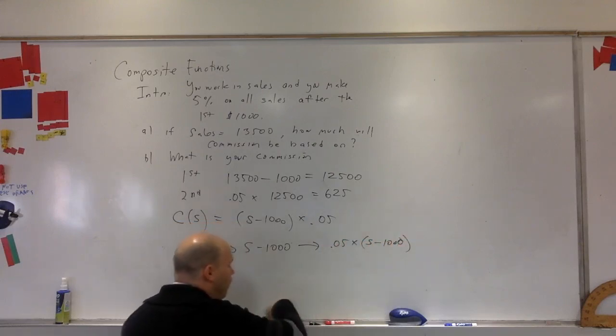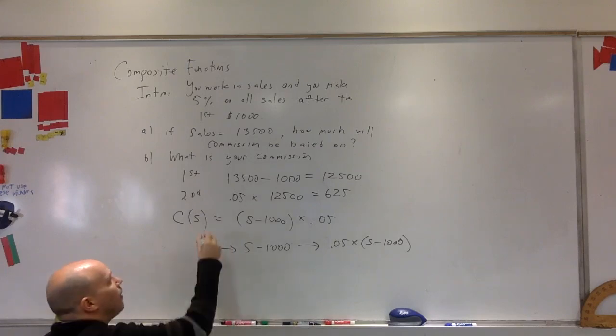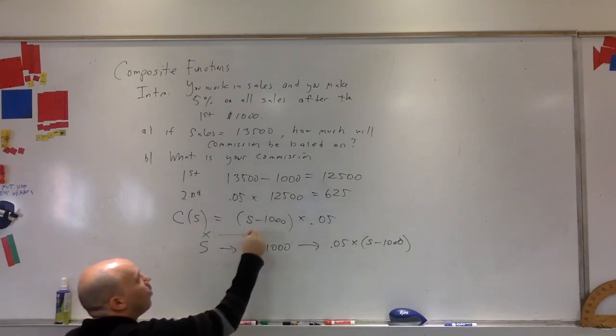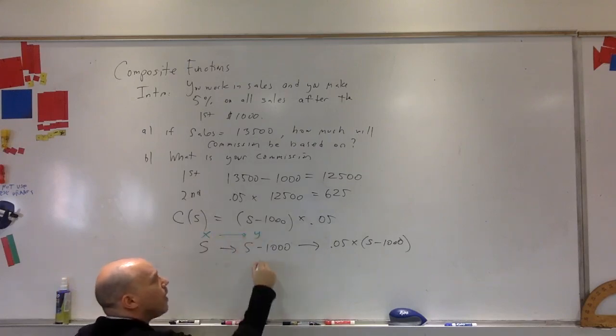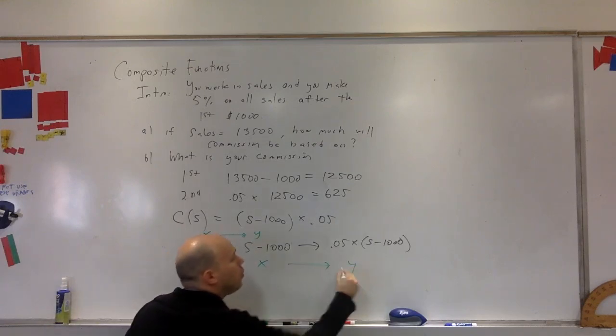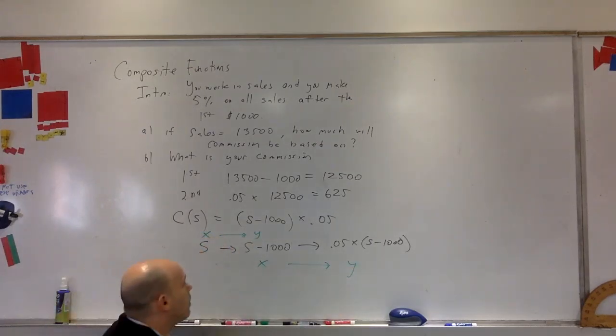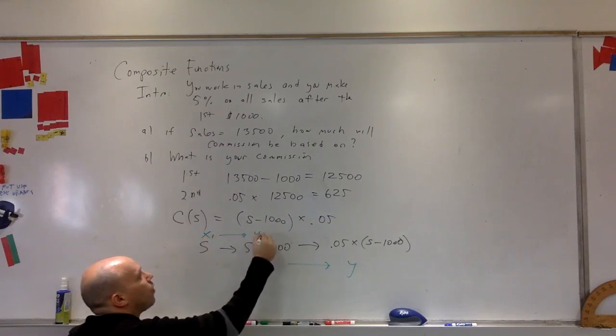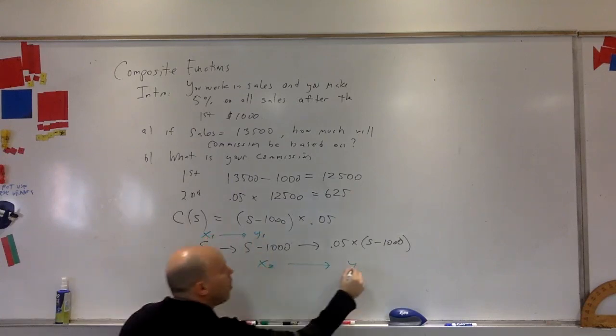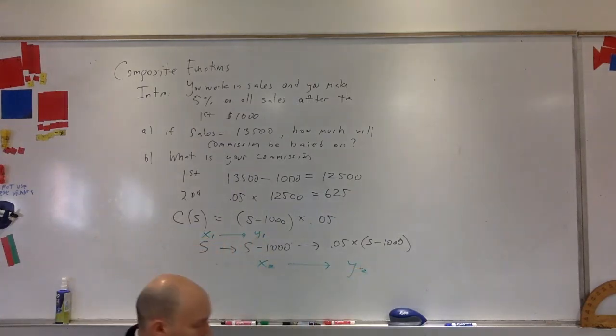From a function's point of view, this was the x that became the y, but now this becomes the new x that becomes the new y. Or, x1 goes to y1, and x2 goes to y2.